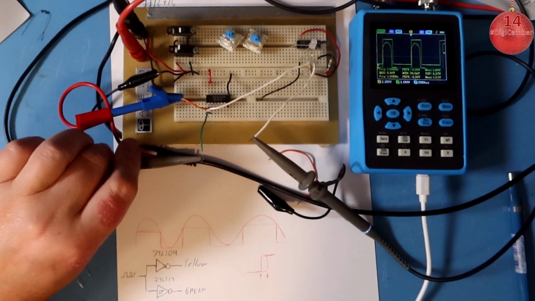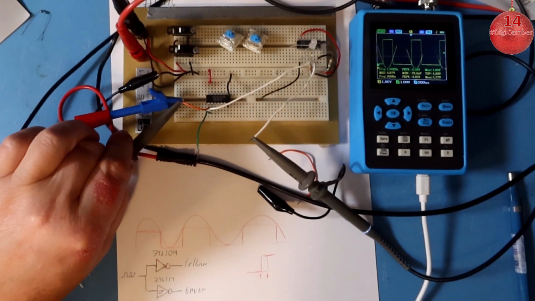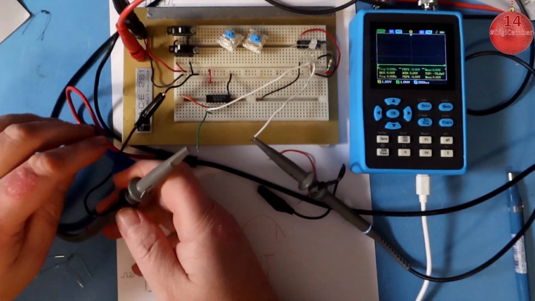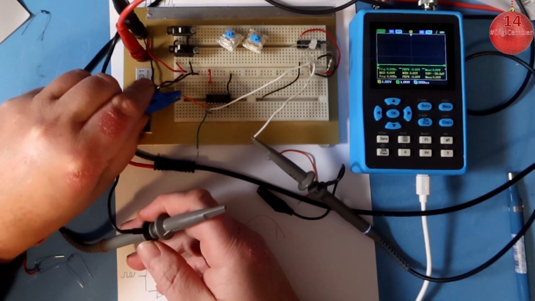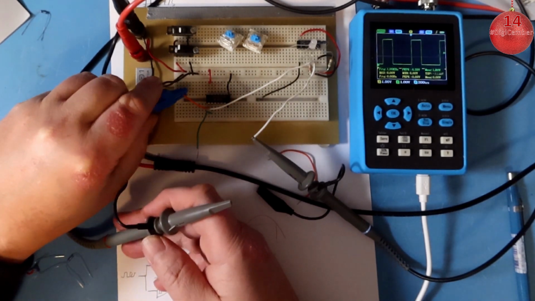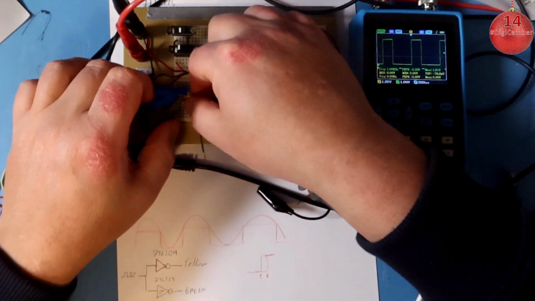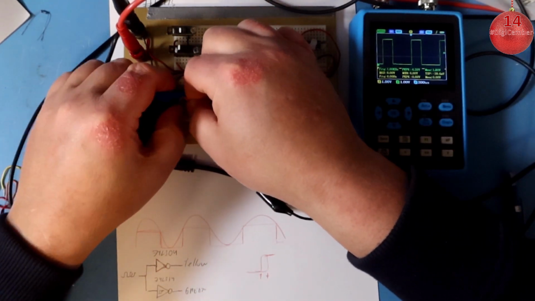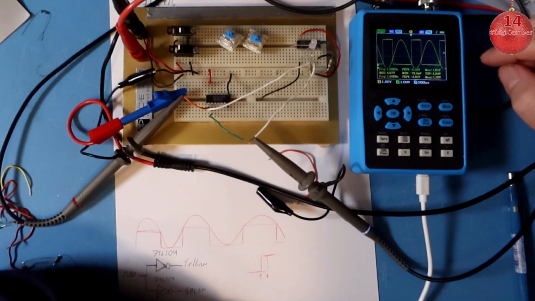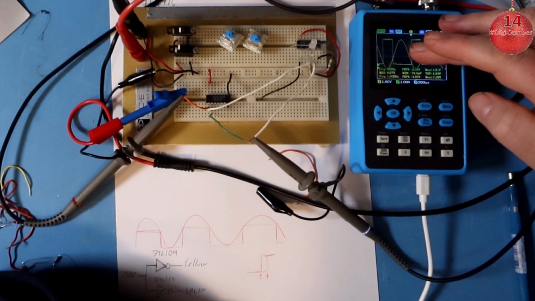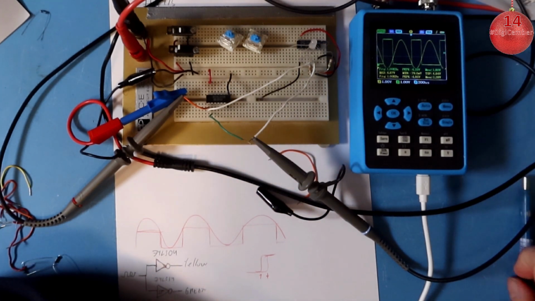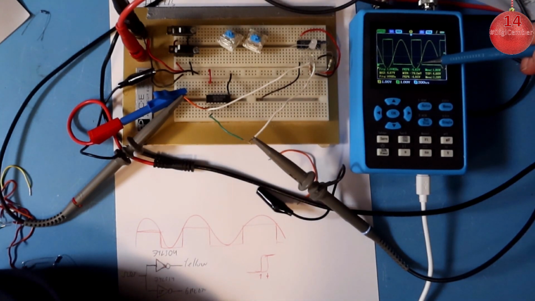And if I now watch the sine input instead, this is not the best clamp, and coupled with this, the scope doesn't have the best clamps. Now you will see that this square wave turns on when it comes here, and it turns off when it goes there.